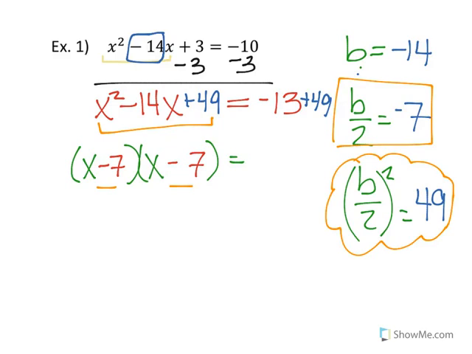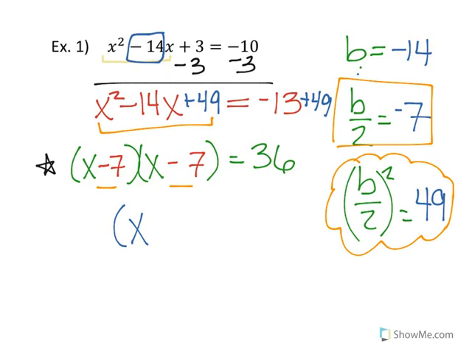This will always happen. So I'm going to star this step because technically you can skip it in the future if you know the pattern. And then I almost forgot to add negative 13 and 49 together to get 36. So if we skip this step, because we know the pattern will always be x plus my b over 2 term.